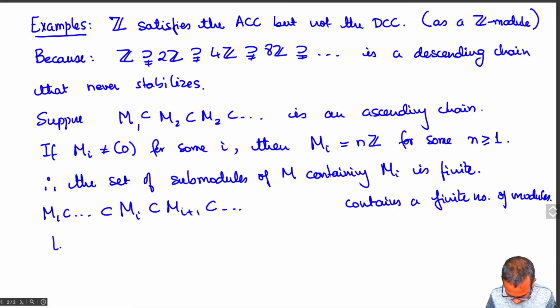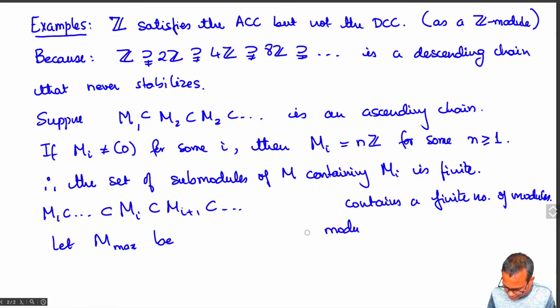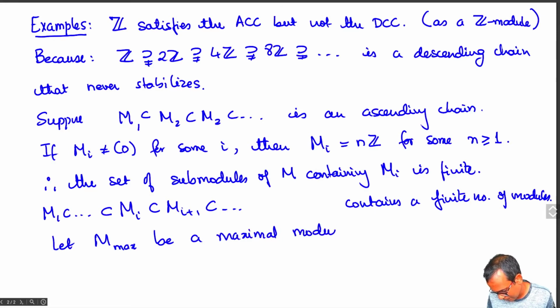And so you can take the largest of such modules. Let M max be the largest such module. Or rather, I should say a maximal module of this kind. It may not be unique, and well, it has to be unique because it's a chain.